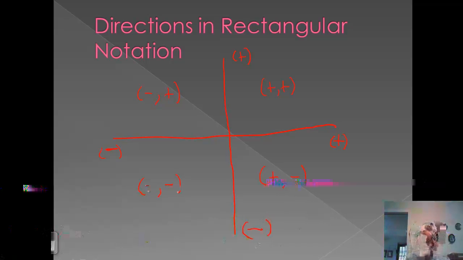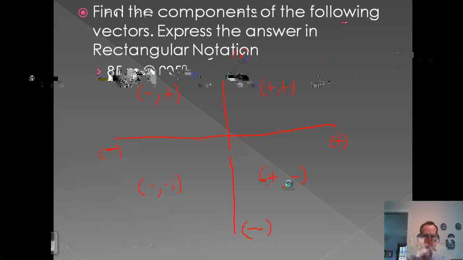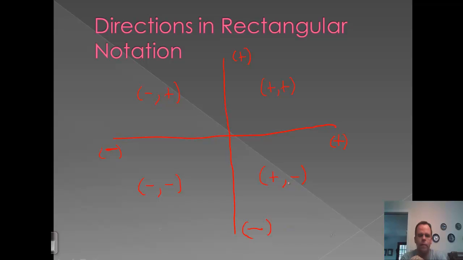So we have polar notation of magnitude and angle, and rectangular notation of two parts, the x component and the y component. In the next video, we're going to look at some examples of how to convert from polar to rectangular and how to convert from rectangular to polar. That's the main thing we want to get out of this chapter, what a vector is and how to convert between the two notations.